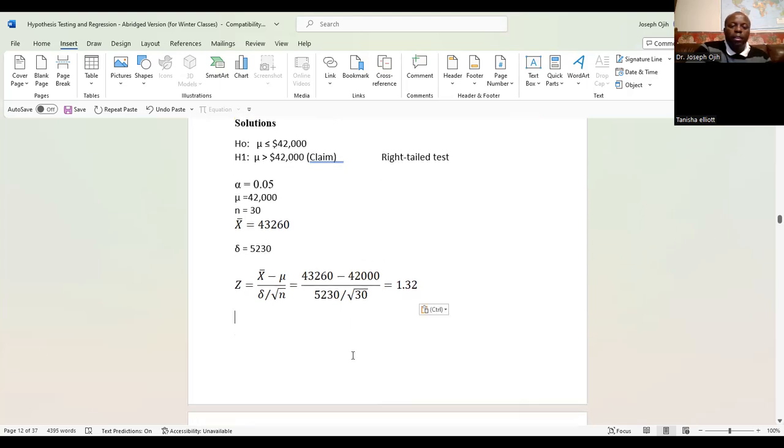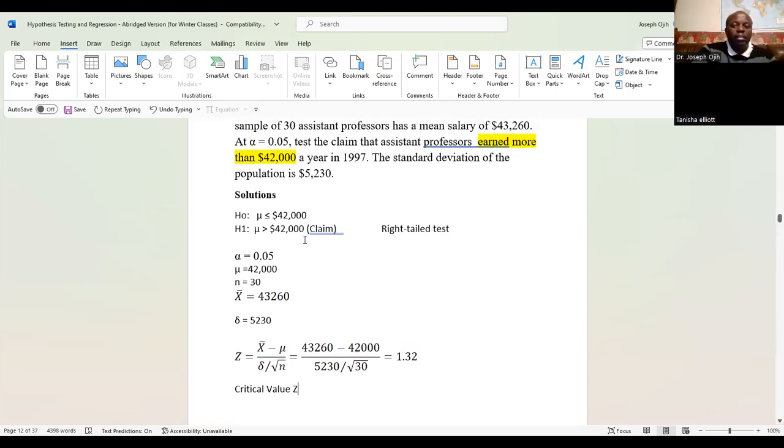The critical value is z alpha over 2, not alpha over 2, because remember this is a right tail test, so it cannot be alpha over 2. It has to be only one alpha. z alpha, since it's a right tail test.